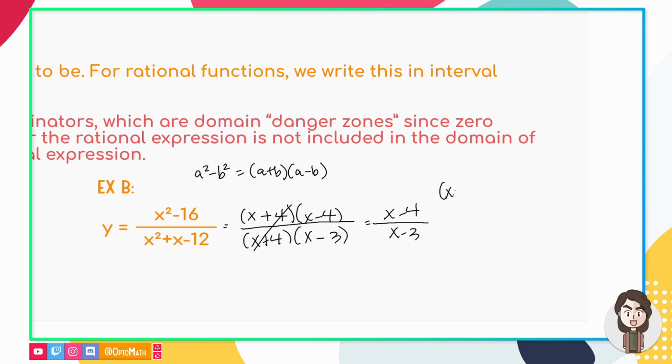So if x plus 4 times x minus 3 is our denominator, it cannot equal 0, so x cannot equal -4 and +3. So these are the numbers we're going to exclude. Notice there are two numbers. So we're going to have to make a break in our -infinity to +infinity, and we have to make two breaks.